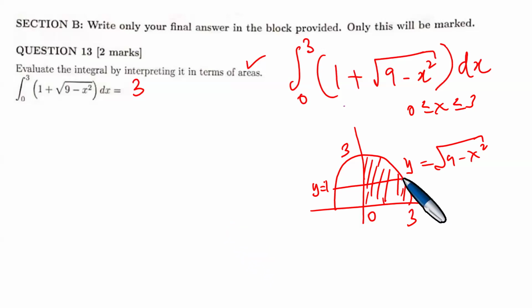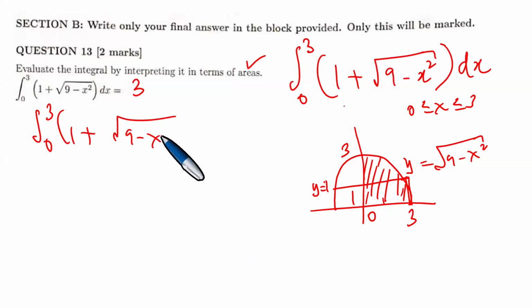You're looking at this line here at x equals 3, and there's going to be some rectangle there. This rectangle is going to have 1 here and 3, which means that we have the integral from 0 to 3 of 1 plus the square root of 9 minus x squared dx.